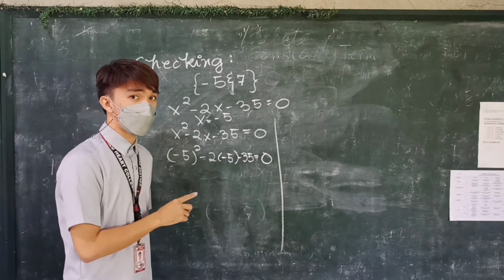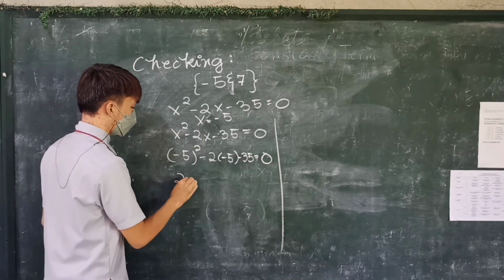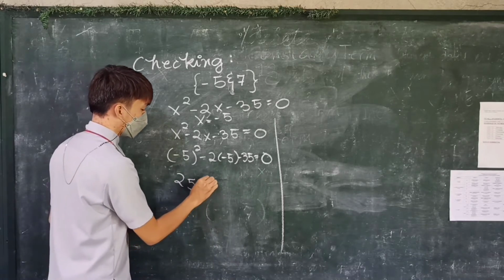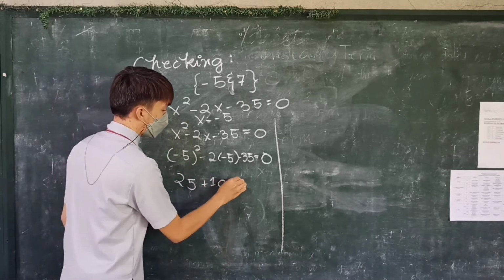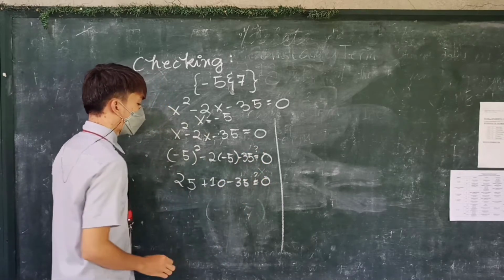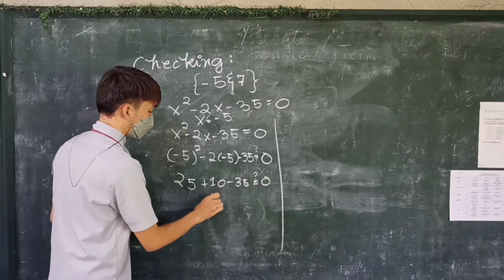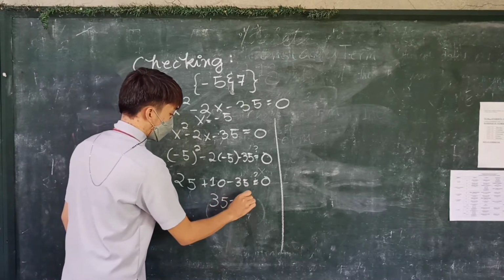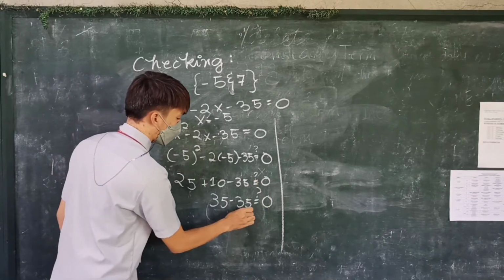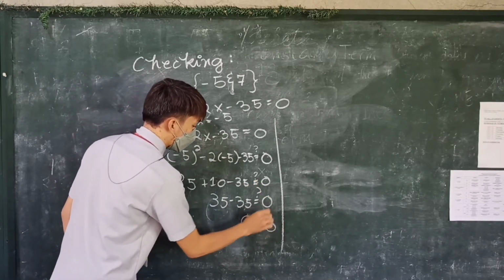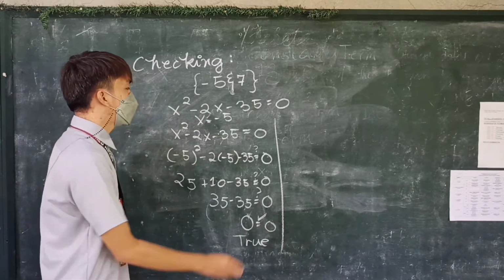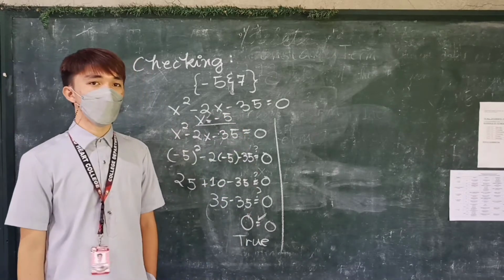Negative 5 times negative 5 is equal to positive 25. Negative 2 times negative 5 is equal to positive 10. Then copy minus 35 equals 0. 25 plus 10 is 35. 35 minus 35 equals 0. So it's true.